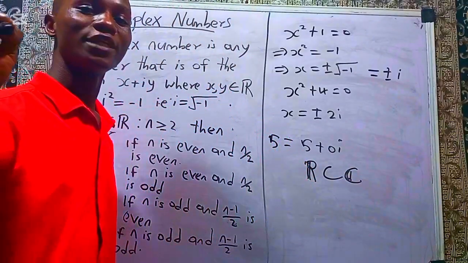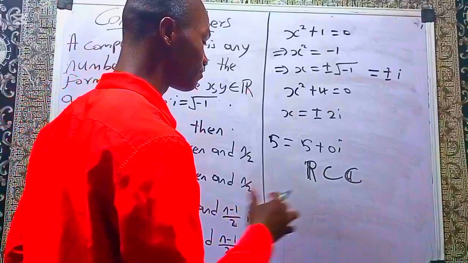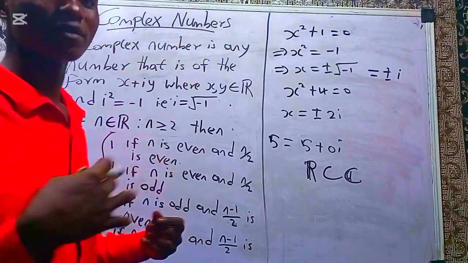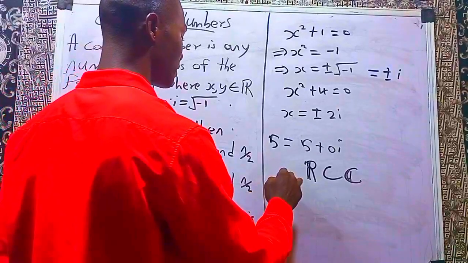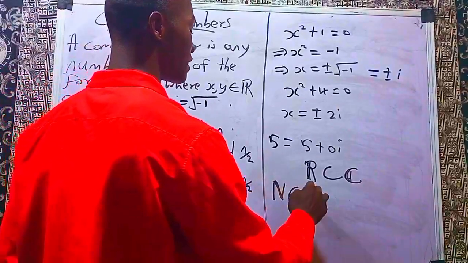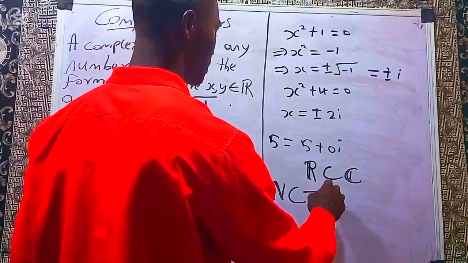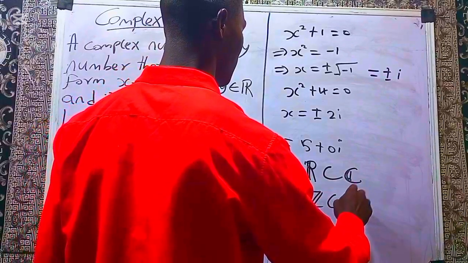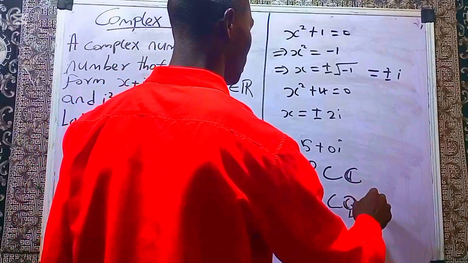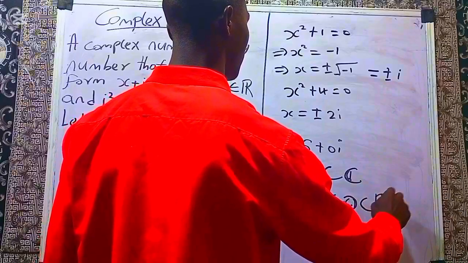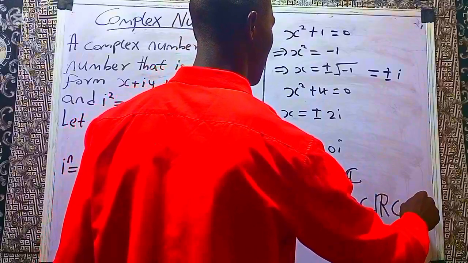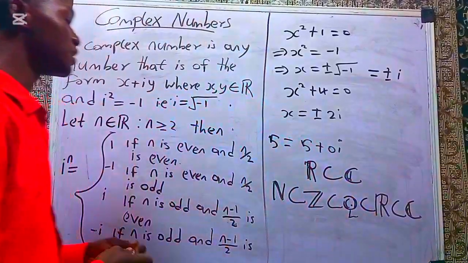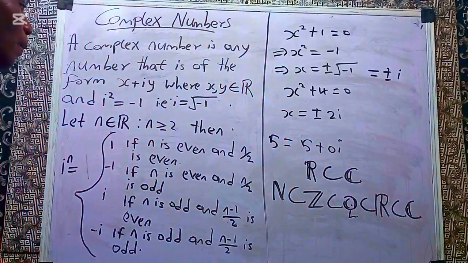But you know, there is a relation we have known before, that natural numbers are inside what? Integers. Integers are inside rational numbers. Rational numbers are inside the real numbers. Real numbers are inside the complex numbers. This is the relation we have.